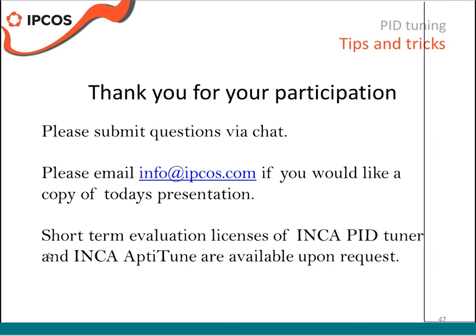We have another question here. It says, what has been the most unusual source of a loop issue you've come across? I think there are all kinds of problems. Sometimes measurements have been swapped, and you make a change in a particular valve, and you think it should be affecting the PV, and you don't see any change, and find out that somewhere along the lines, cables have been swapped.